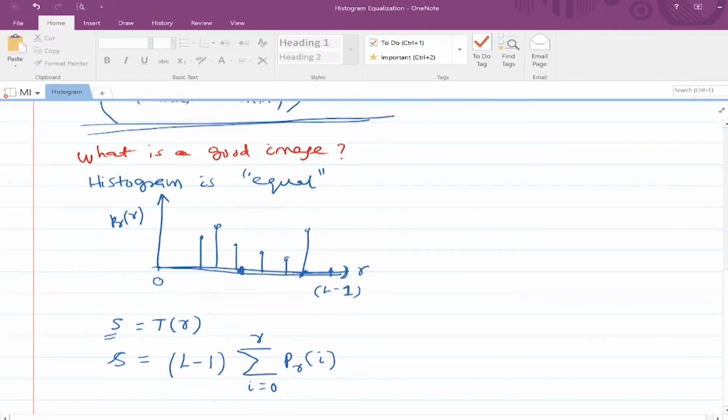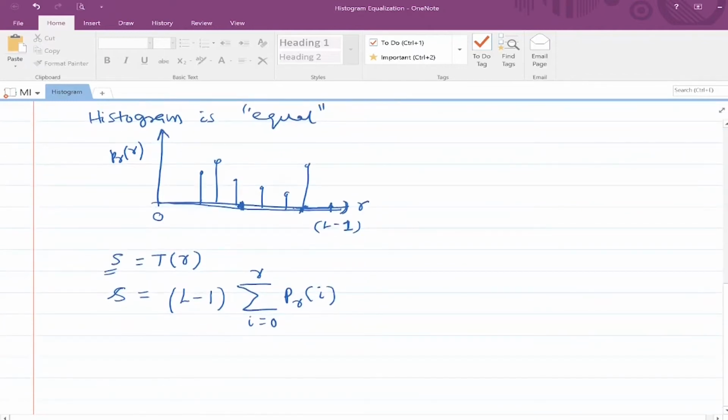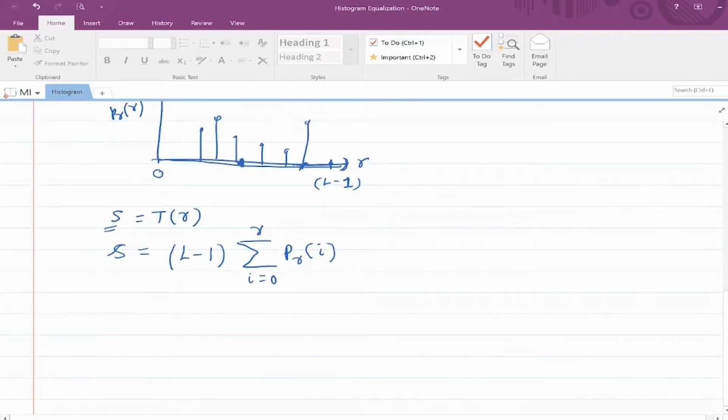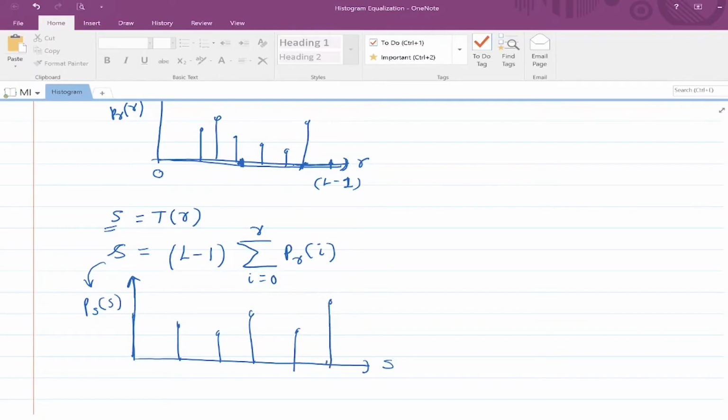With that, if you define a transformation like this, moving from R to S, the new probability density function for S is, let's say, more or less well distributed. That's our assumption. In practice you will not get it exactly, one of the reasons being this function could result in a non-integer value, so you need to approximate it to the nearby integer values.